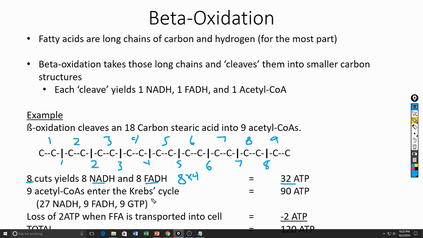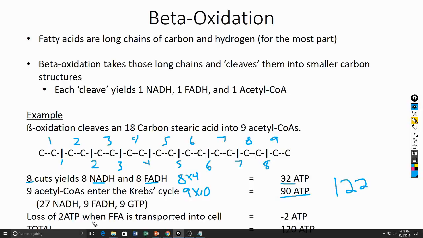So we have 9 times 10, and we get 90 ATP. At the end of all this, we are getting 122 ATP.